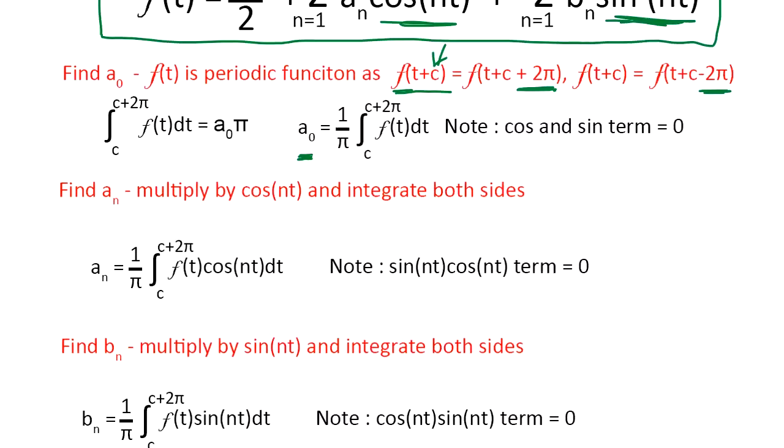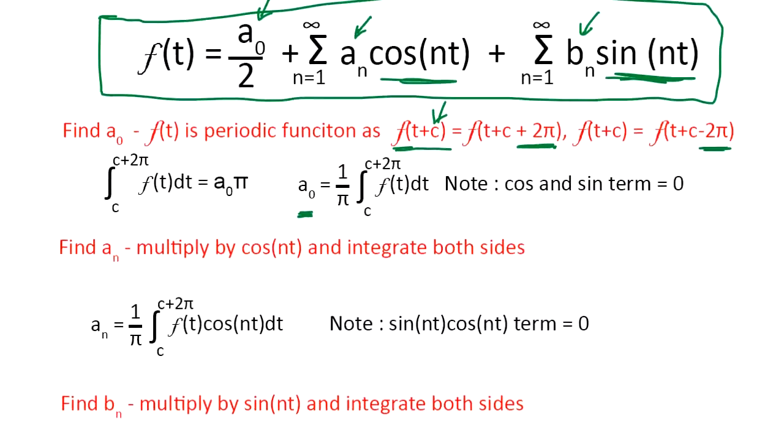You multiply cos nt to f(t) on both sides. The cos nt becomes cos square nt and cos sine nt. Cos sine nt just disappears, and this a0 disappears, so only an remains as an integral of f(t) cos nt. So we get an.